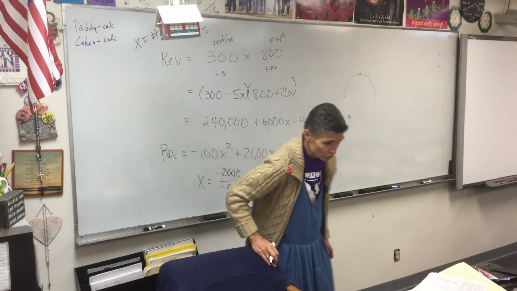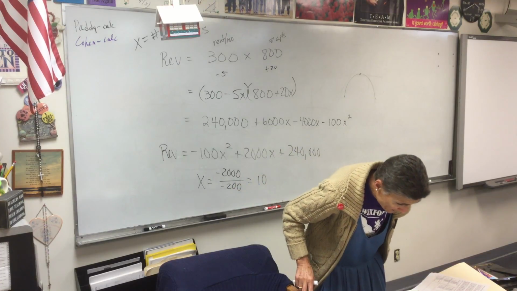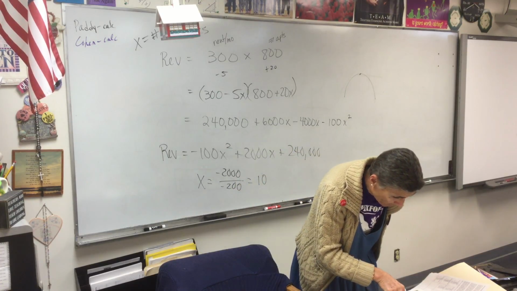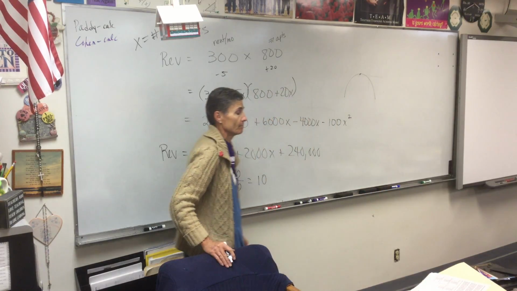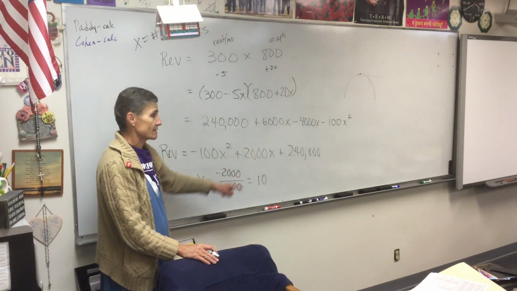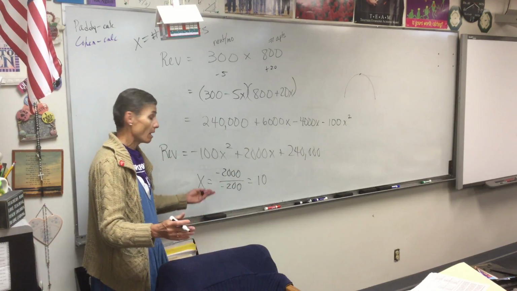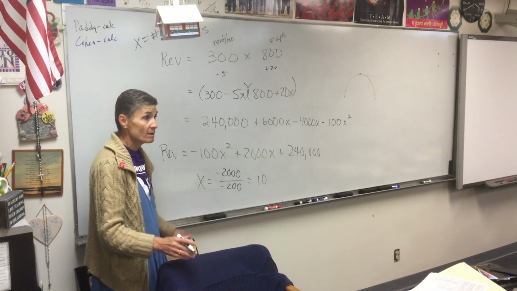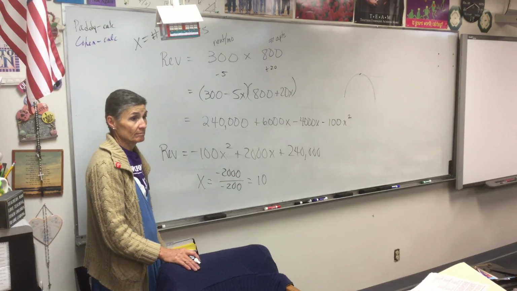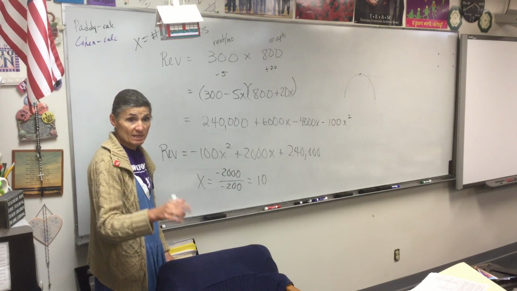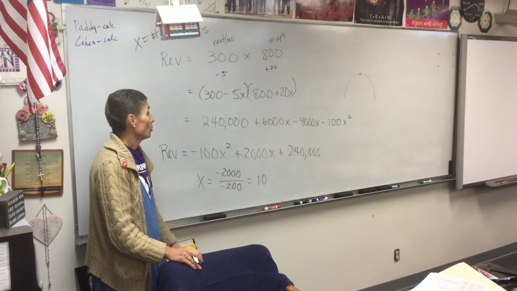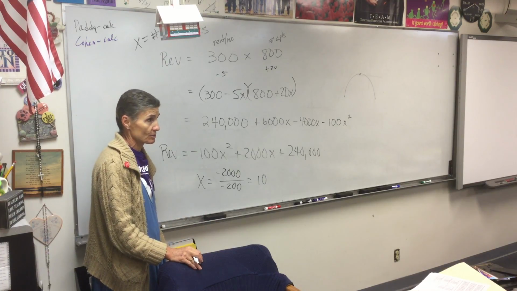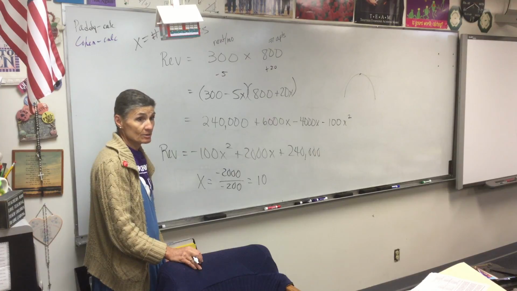Now, what was the question? What rent will yield the maximum monthly income? All right, what does that x stand for? Is that $10? Is that 10 apartments? What is that? The number of decreases. And every decrease was worth how many dollars? $5.